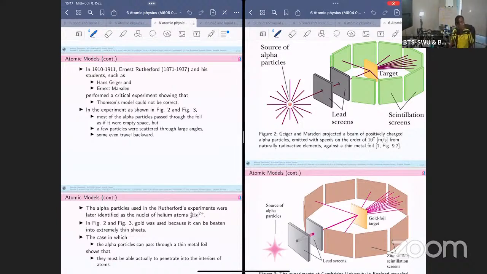Okay, let me get back to the experiment by Marsden and Geiger, the graduate students of Professor Ernest Rutherford. We start from the left side.